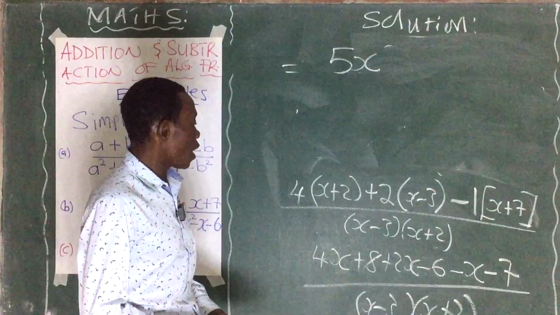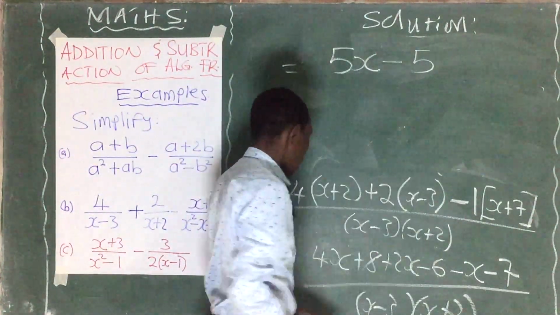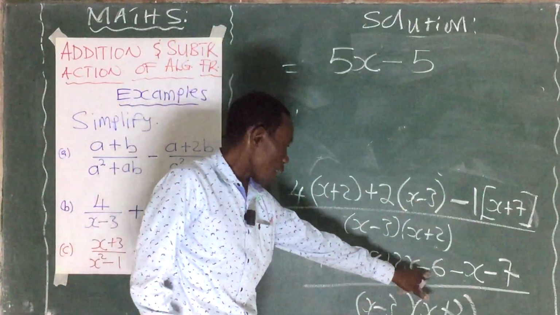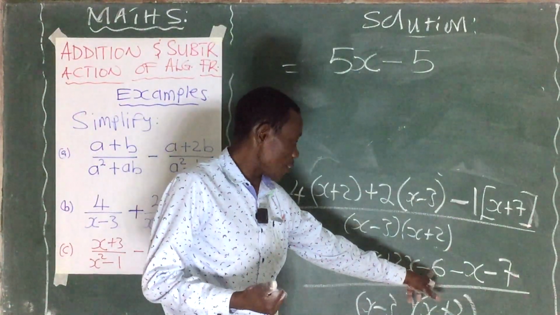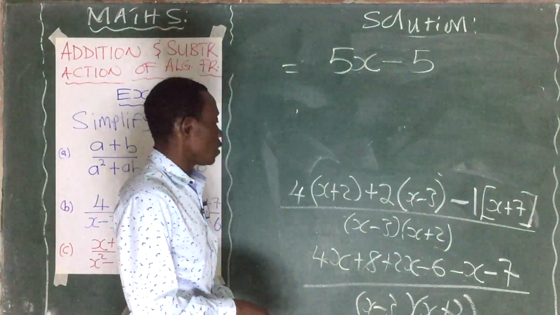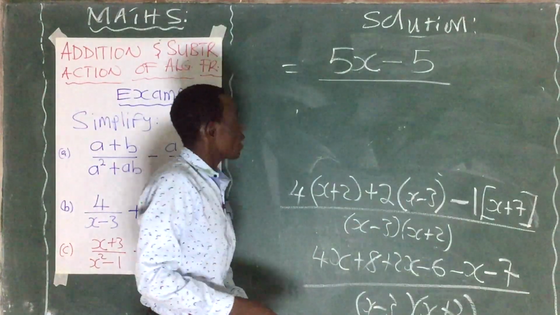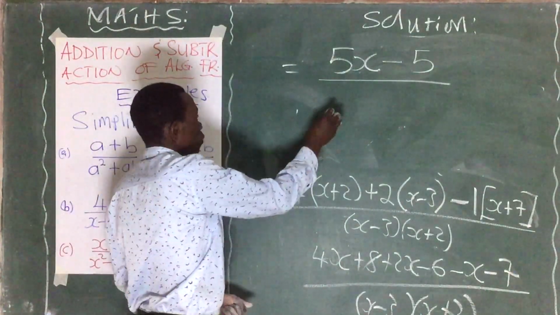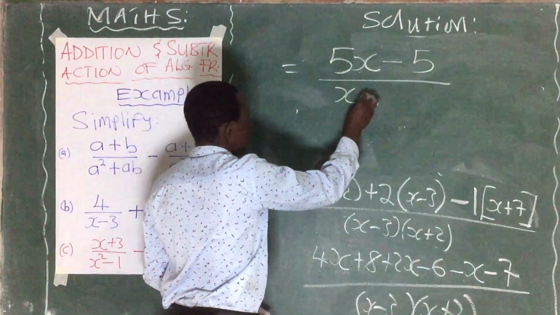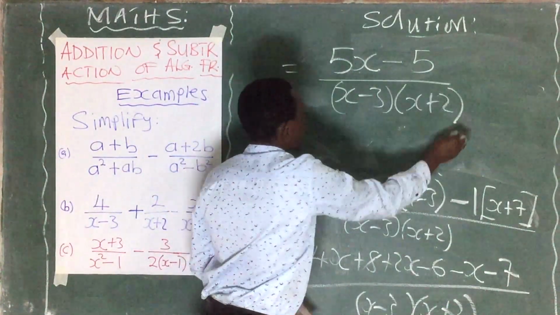And the answer we have there is negative 5. I repeat, 8 minus 6 we get a 2, and that 2 should subtract a 7. The result is negative 5. So on top here, it means we have got 5x minus 5. That one should be over x minus 3, product x plus 2.